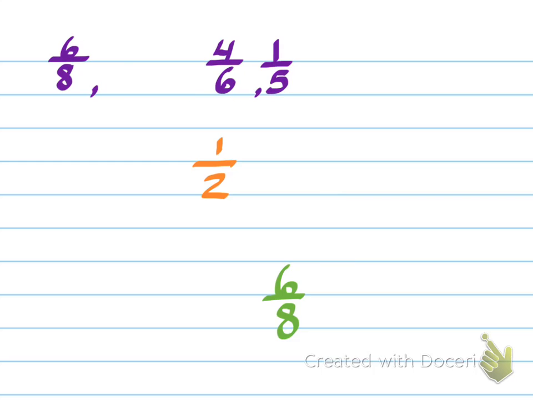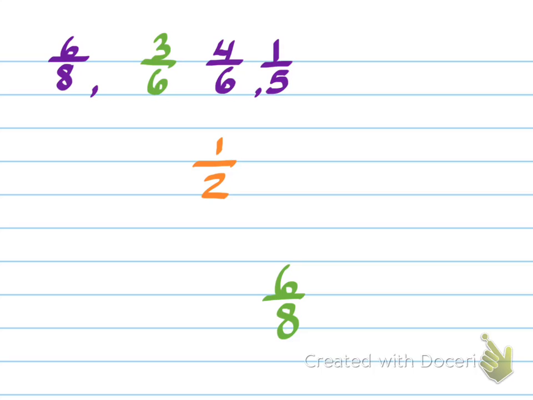And I do the same thing for 4/6. Well, I know that 3/6 is equivalent to 1/2. Okay, so is 4/6 less than 3/6, or is it greater than 3/6? 4/6 is greater than 3/6.